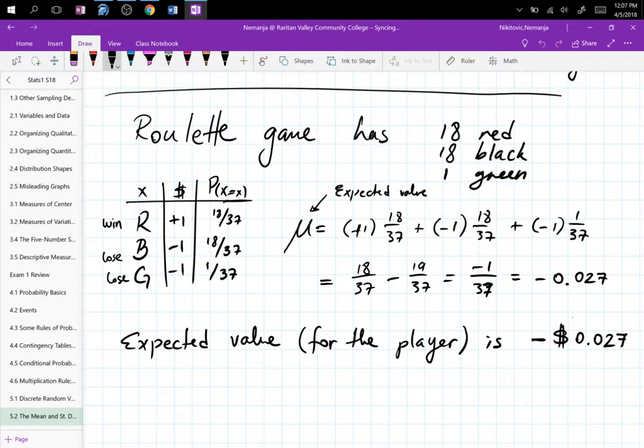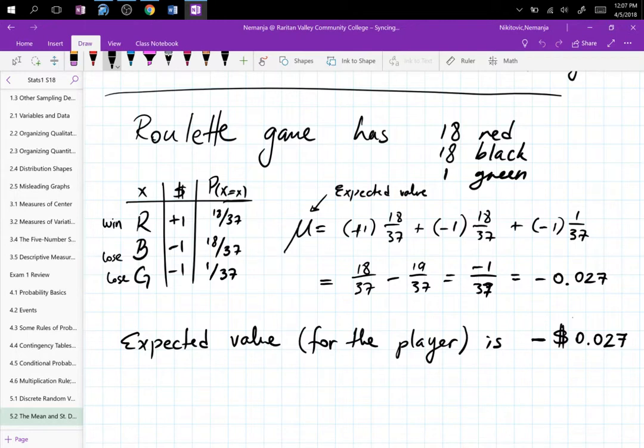And that's the expected value when everything is smoothed out. When everything smooths out, all the wins are paid, all the losses are paid, everything is pushed together. Casino makes the money.